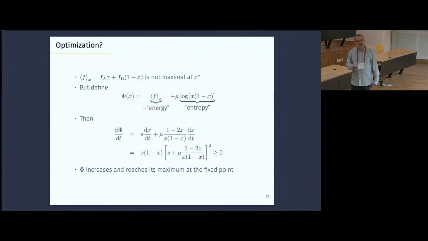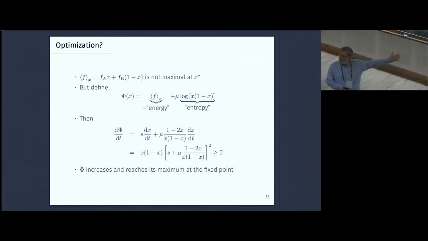This is a positive quantity, this is positive, this is positive. So this quantity increases to a maximum, and the maximum is reached exactly at the equilibrium point. So we have found what is called in dynamical systems a Lyapunov function for the mutation-selection process, and we're going to use it somewhere.